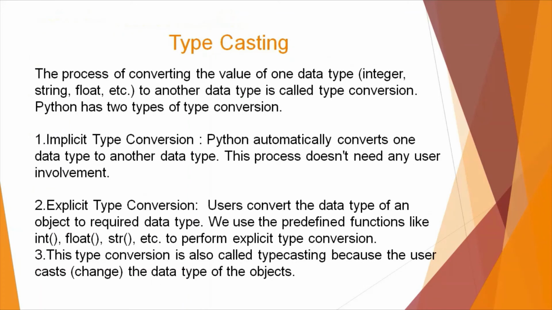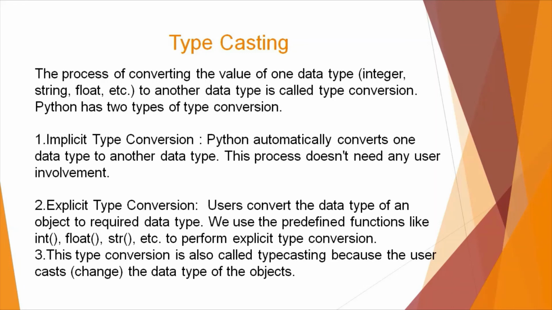Okay, in Python we have typecasting or type conversion, the process of converting the value of one data type, that is integer, string, float, etc., to another data type. And Python has two types of type conversions, that is implicit type conversion and explicit type conversion. In implicit type conversion, Python automatically converts one data type to another data type.